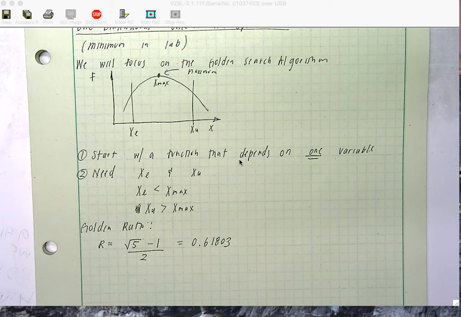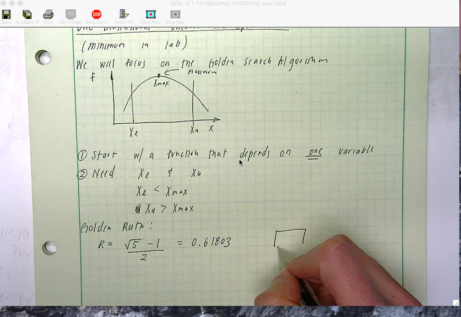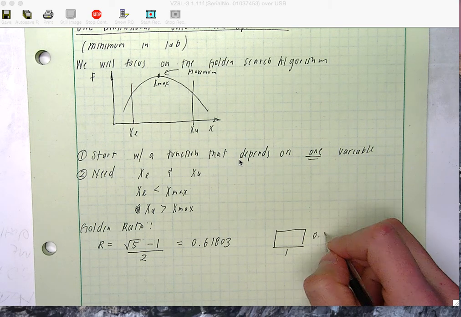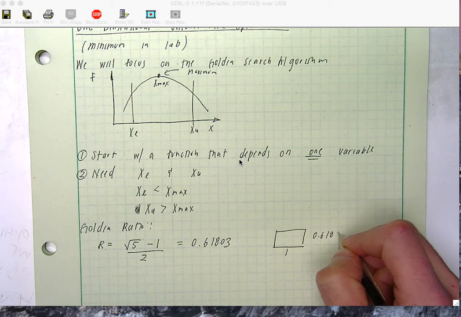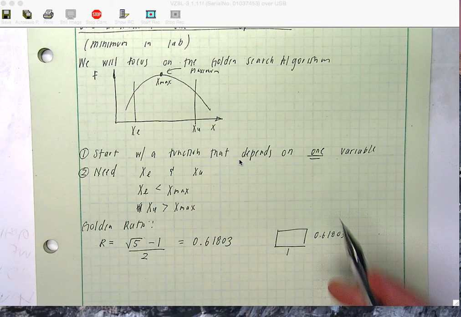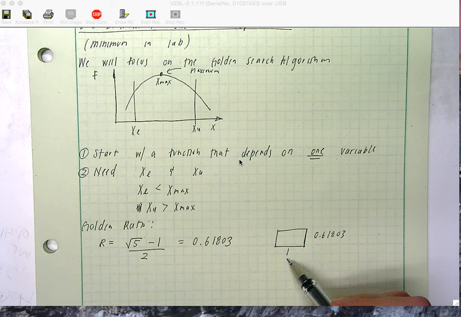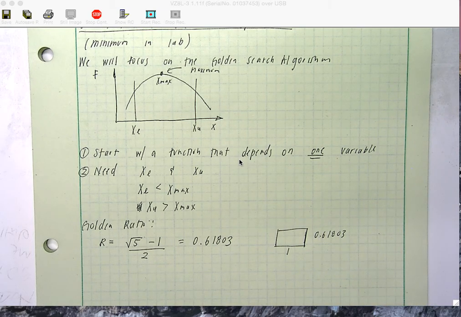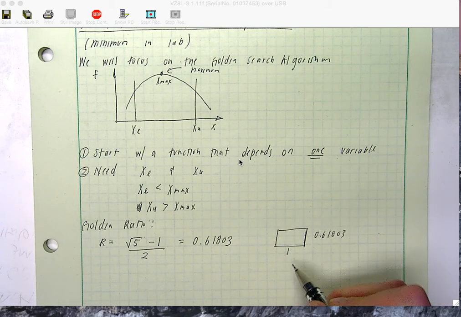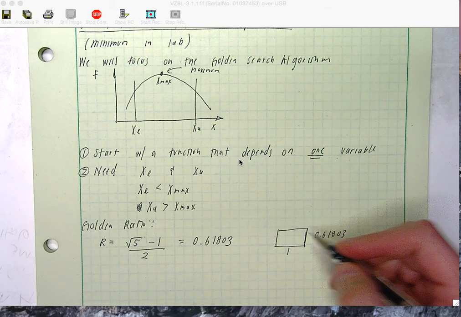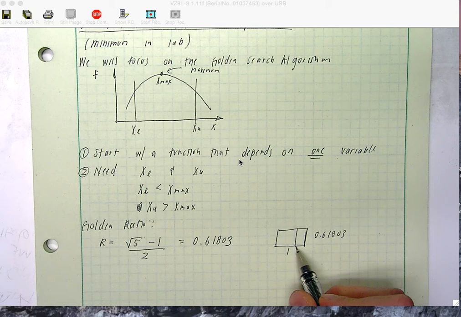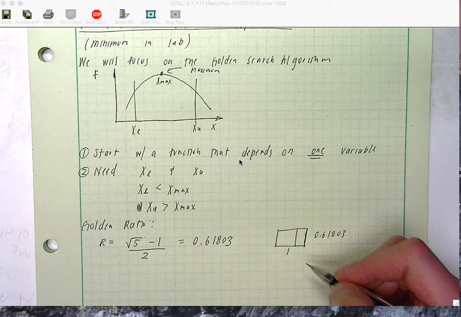It's this ratio that a lot of things in nature are based off of. It has this symmetry that if you have this rectangle, and you make this side 1 and this side the golden ratio, 0.6, and then you divide the rectangle again and make another division, and this is 0.6, then it continues forever.